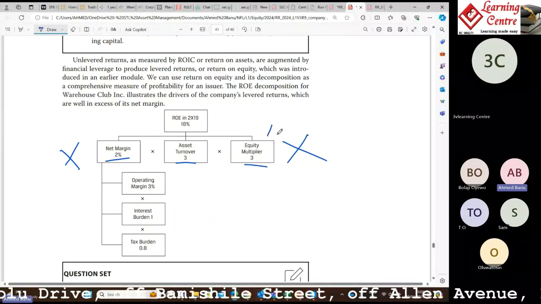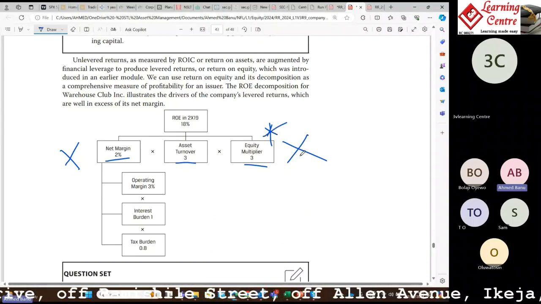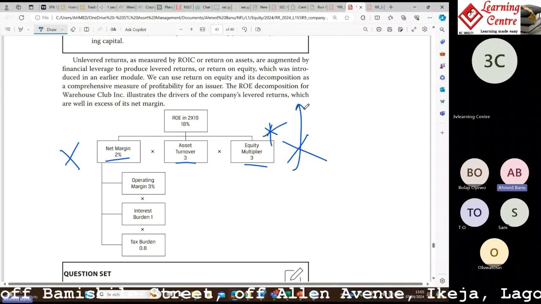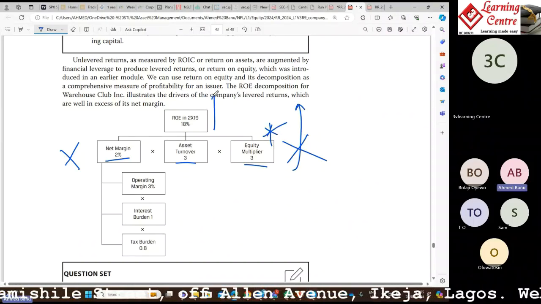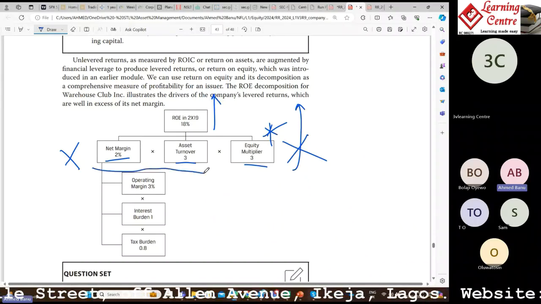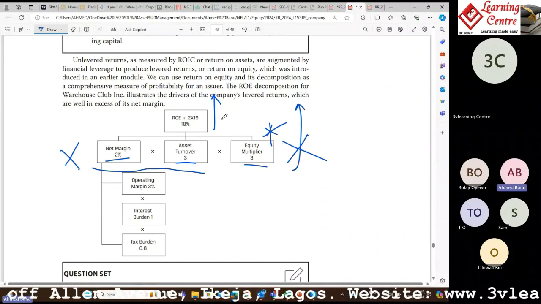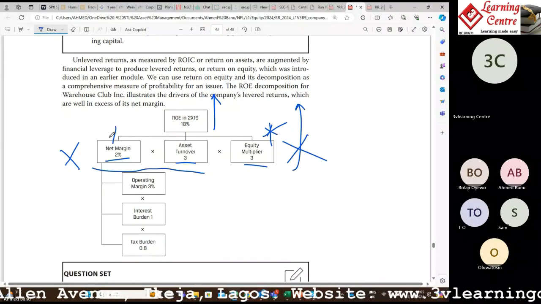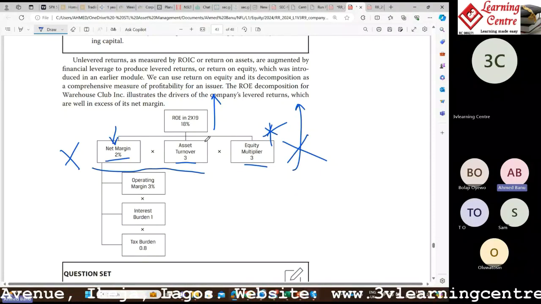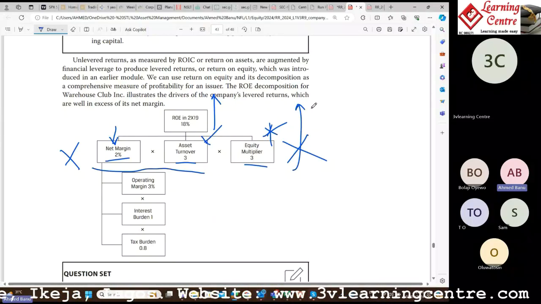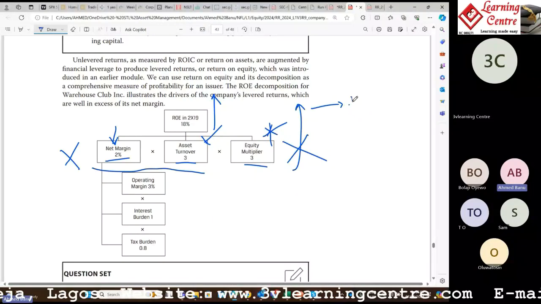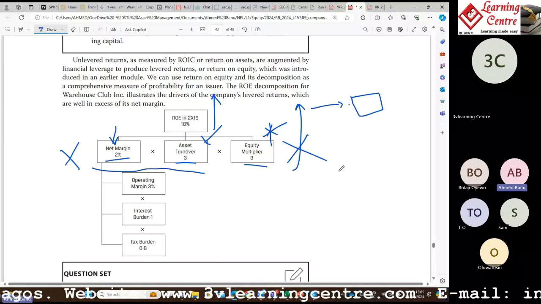I'm always very particular about this one. A company that is increasing this will technically increase this, but these two are the important ones. That means that the company is just borrowing, but that borrowing is not leading to profitability or increasing efficiency. So where is that money actually going? You find out that the company is probably using it to pay debt or something.